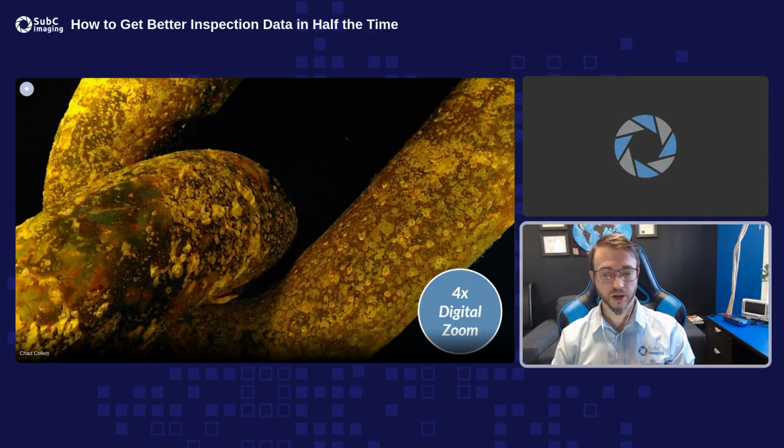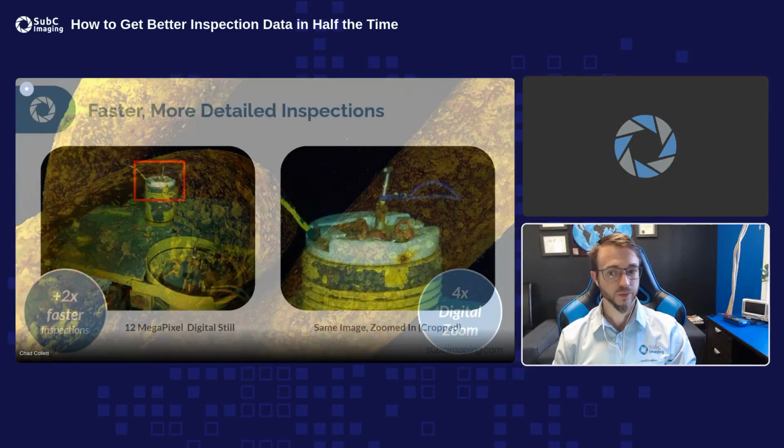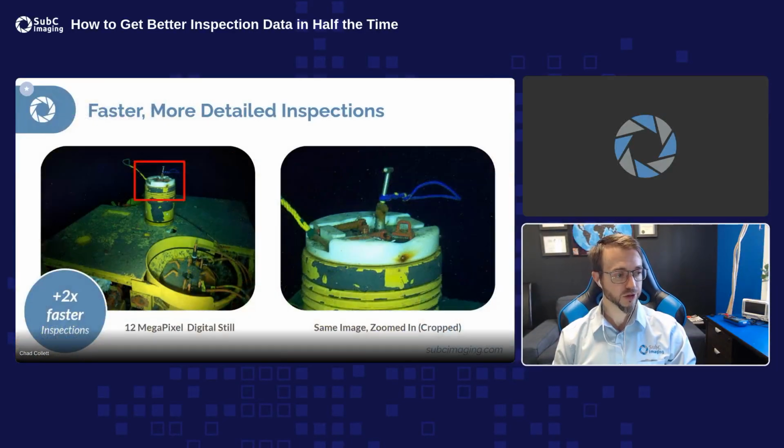And basically it comes down to long-term savings. It can lead to long-term cost savings by avoiding having to go back with the ship and inspect the specific area. You capture all this data in real time as digital stills, and all of that data is retained.